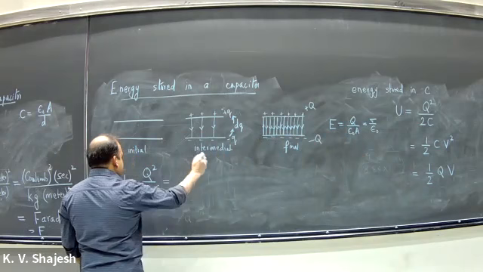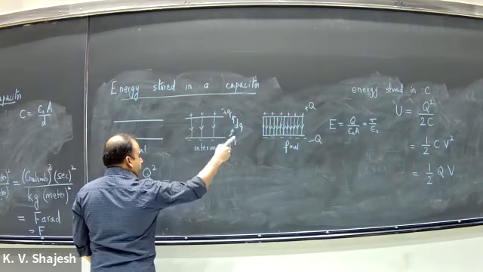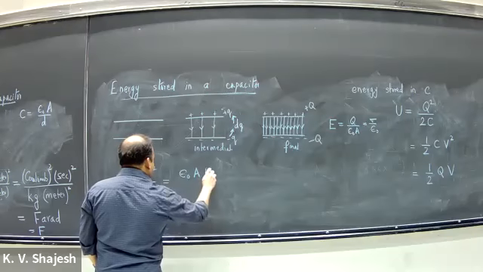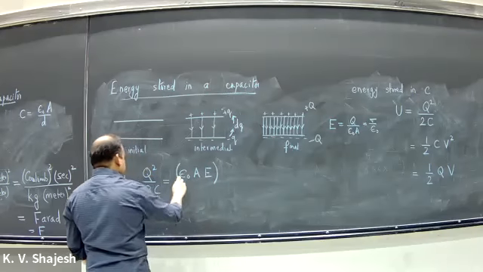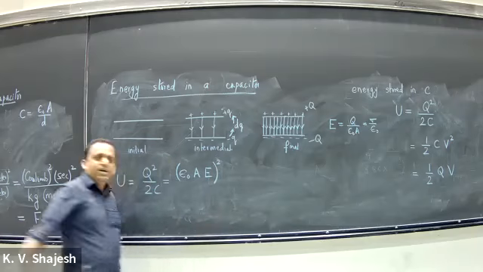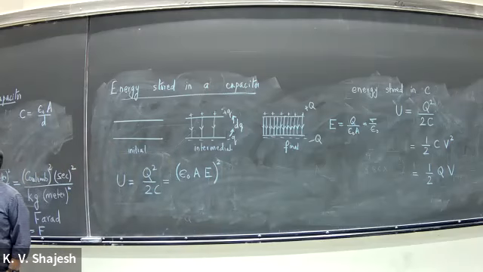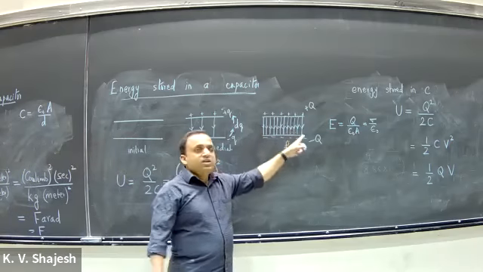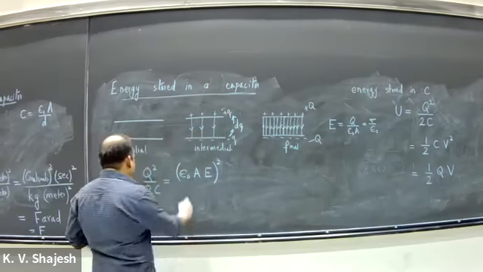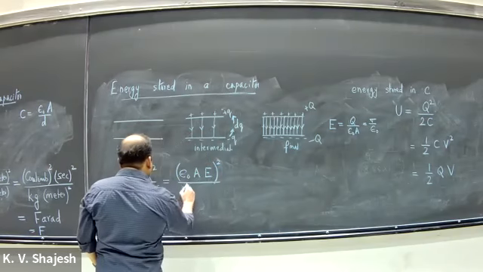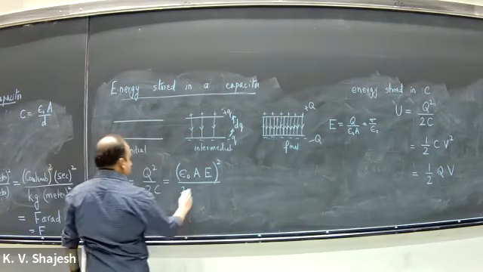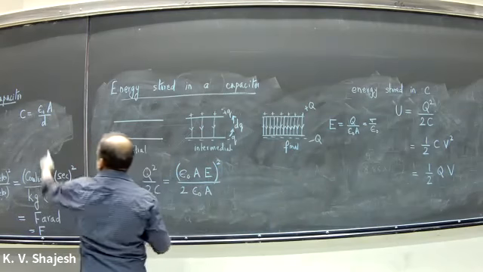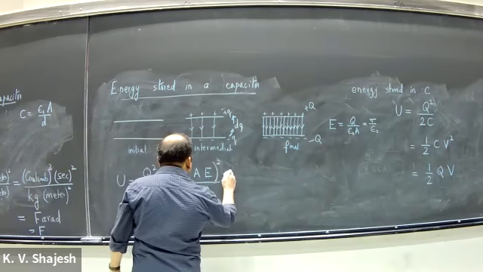So let me replace this with electric field squared, so that's epsilon naught times area times electric field, and square. Putting everything in geometrical quantities and the electric field. This is the electric field strength inside this plate. Q times C. C was epsilon naught times A over D. So I put D in the numerator.